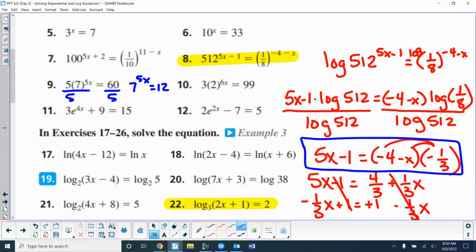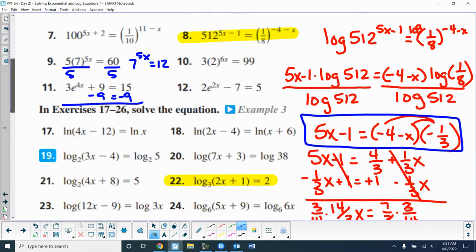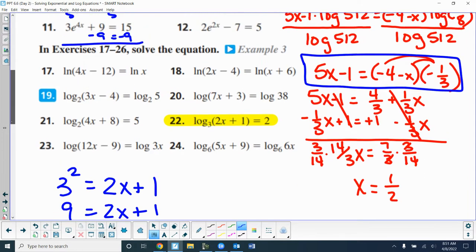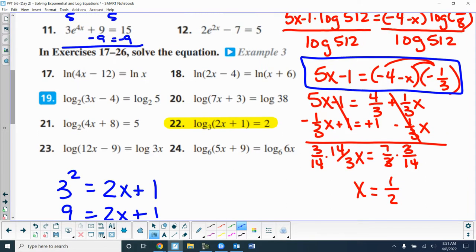For this one, I would subtract the 9. I'd get this e to the 4x alone. So I have 3e to the 4x. And what's 15 minus 9? 6. Then I take the 3 over.